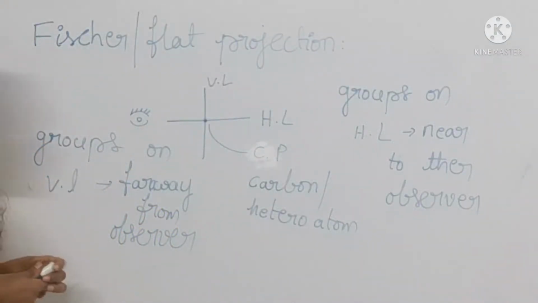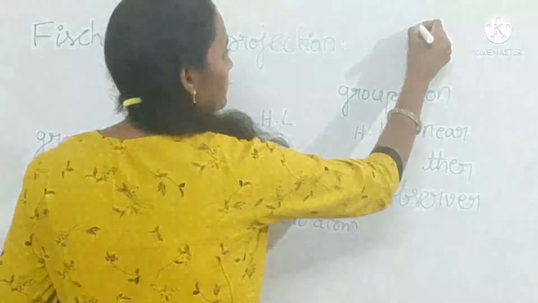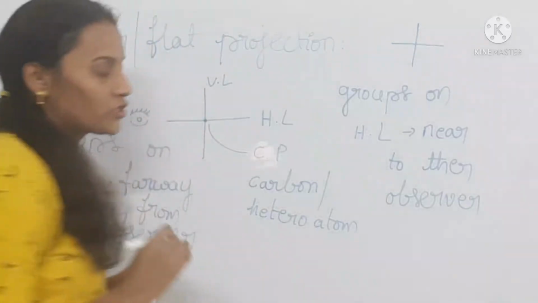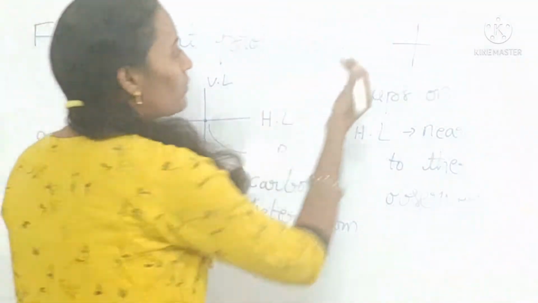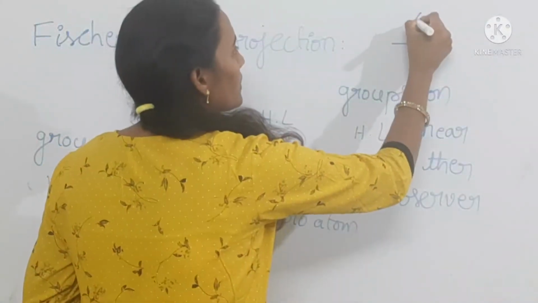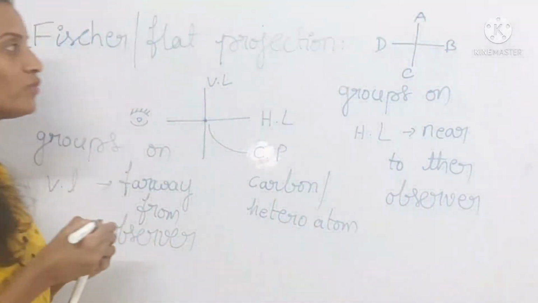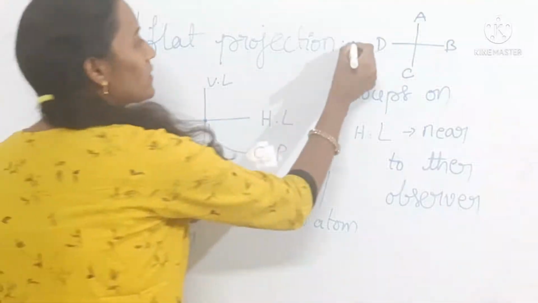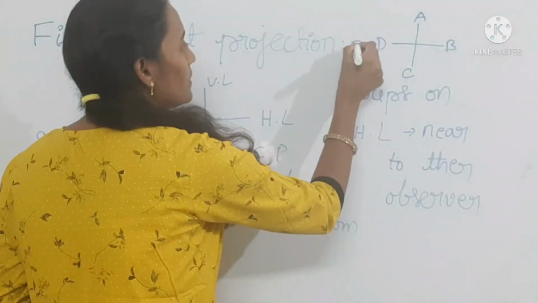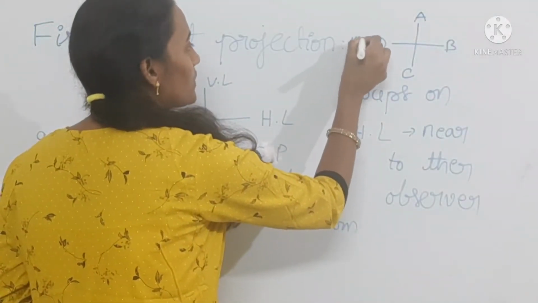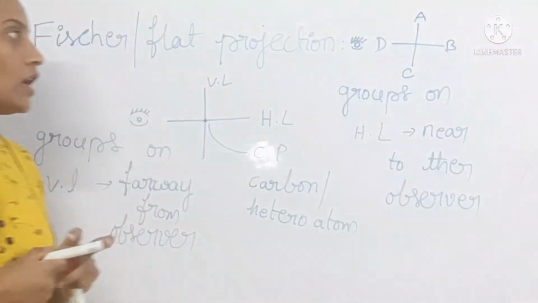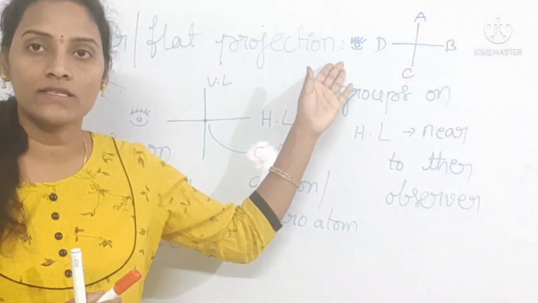Okay, suppose you take an example here. This is the Fisher projection of some molecular compound. See, this is A, B, C, D. Just imagine this is the human eye, or the observer is here. Which groups are near to his eye?